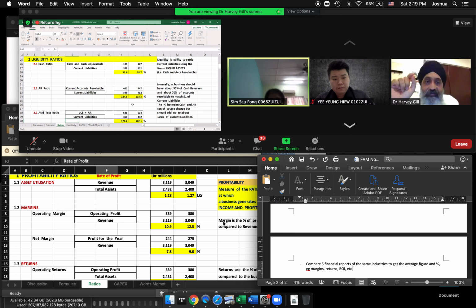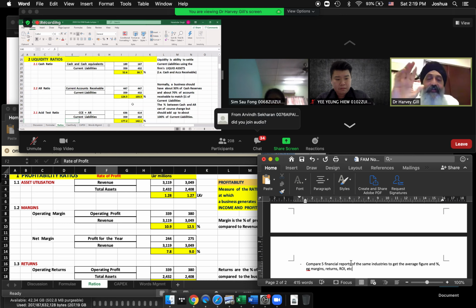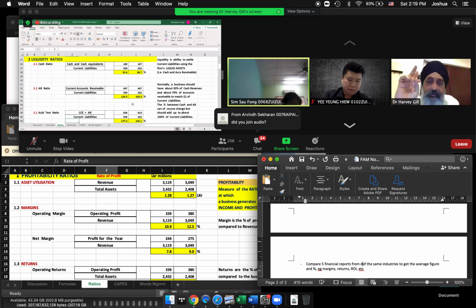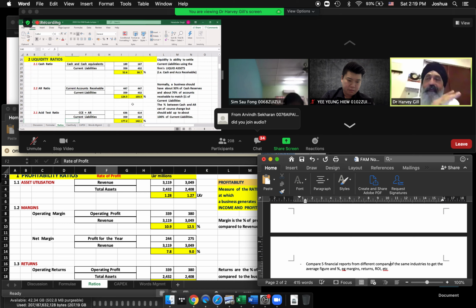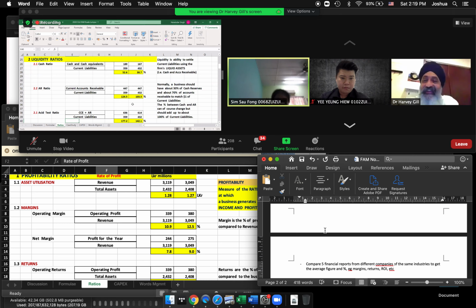Number 1, 5 different companies. Number 2, you already have the 5-year summary in a lot of these annual reports. Why I wanted you to read 5 different companies is so that you understand the industry. But if you say you don't have time, reading 3 companies also can. That's the idea.